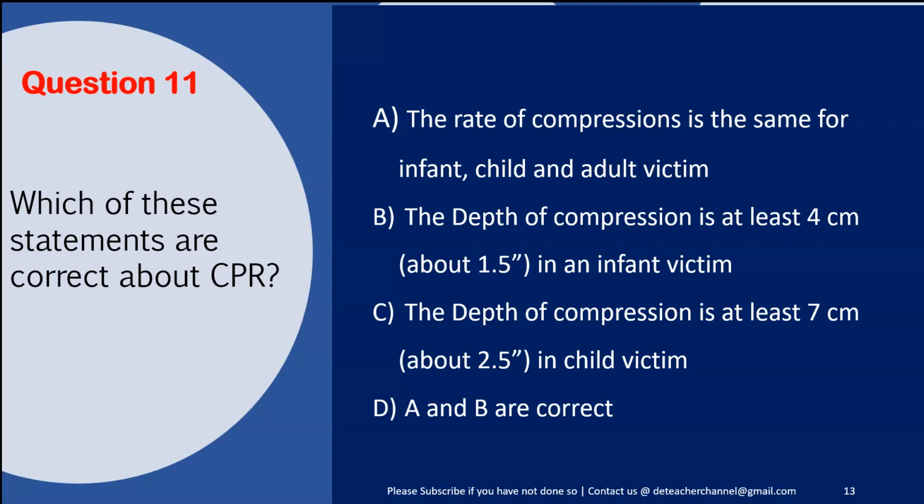B, the depth of compression is at least 4 centimeters or about 1.5 inches in an infant victim. C, the depth of compression is at least 7 centimeters or 2.5 inches in a child victim. D, A and B are correct.